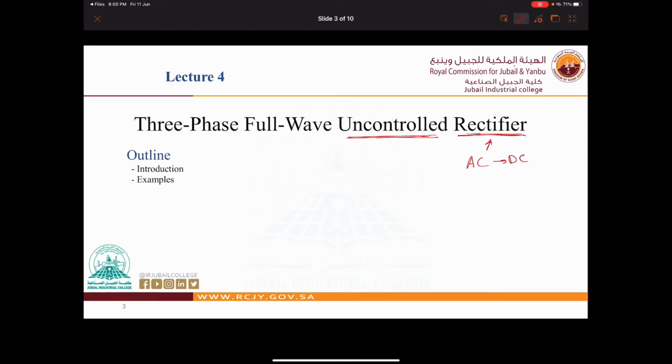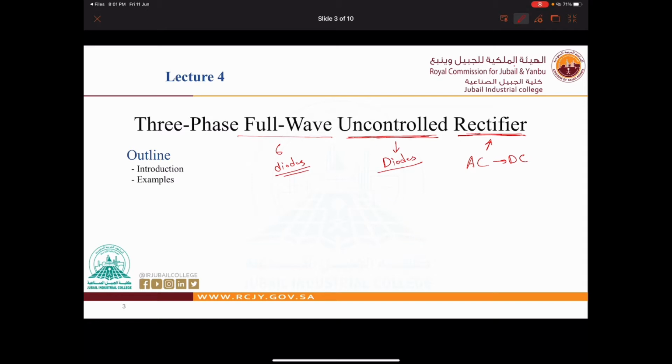Now, why do we say uncontrolled? Because we use diodes again, okay? And in diodes, we cannot control alpha. That's why it is uncontrolled. And we will see, inshallah, after the midterm, we will go again through the same topics, but with the controlled rectifier. Okay, now why is it full wave? Full wave because we are using 6 diodes.